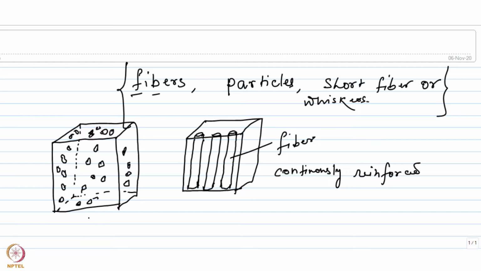You can have particles of different morphologies, size and shape. Such composites are also known as discontinuously reinforced composites.